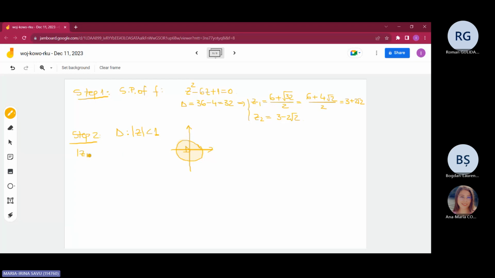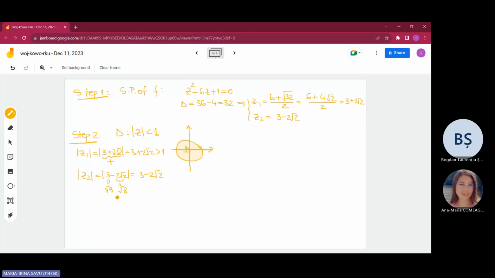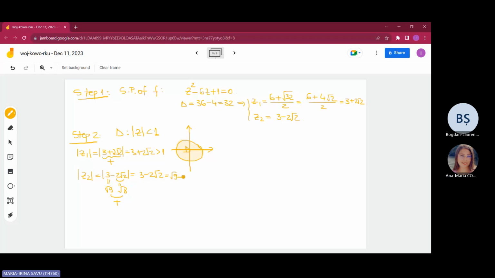So modulo of z1 is 3 plus 2 square root of 2, which is greater than 1, and modulo of z2 is 3 minus 2 square root of 2, because this is square root of 9 and this is square root of 8, so the difference is positive, and square root of 9 minus square root of 8 is something less than 1, so just z2 is in D. Okay, z1 is not in D, but z2 is in D.